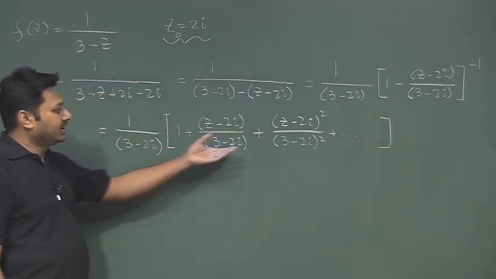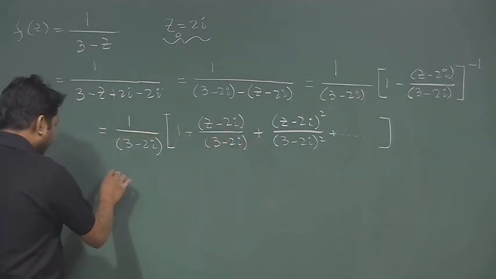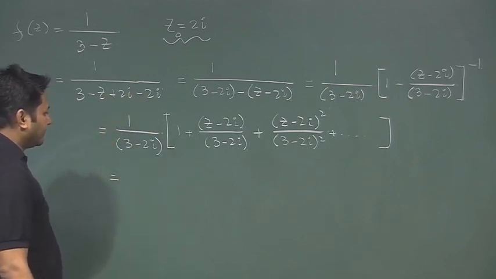I can expand this considering the fact that this is less than 1, and that condition basically gives me the idea of the radius of convergence.